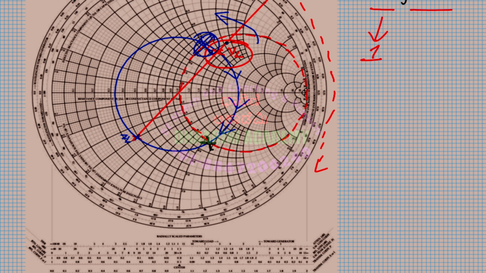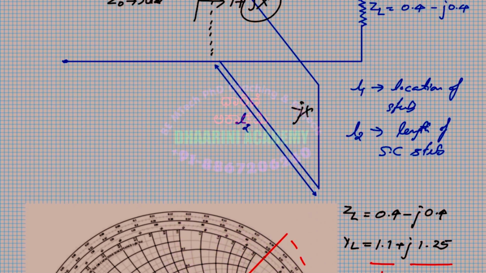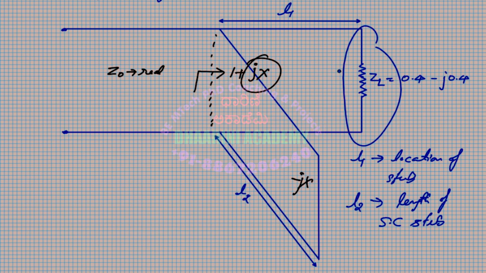It's already the load, I cannot move towards the load further, so there is no question of moving. You always remember the direction you want to move. From this load, I have to move towards the generator. That's all. According to the convention we follow on the Smith chart, this has to be clockwise. That's why I'm moving only in this direction.